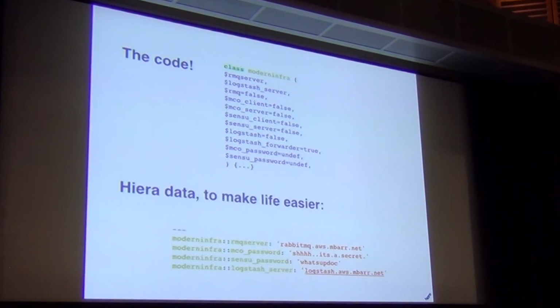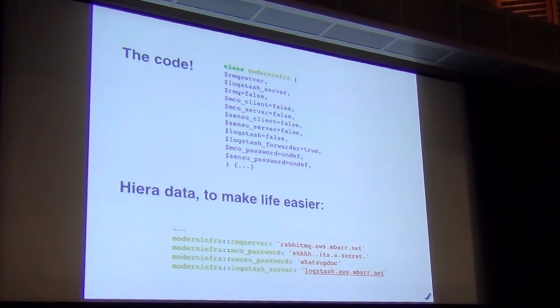So this is basically the interface. You've got one long list of parameters, and that is pretty much all you need to do to talk to this. This is the public interface to this code.